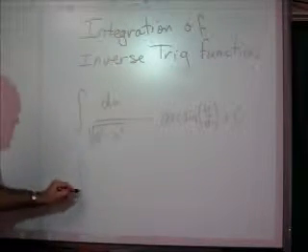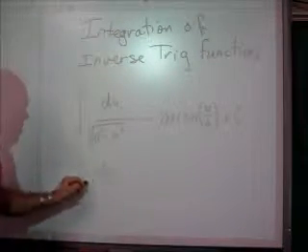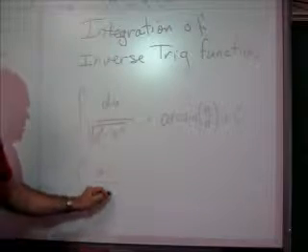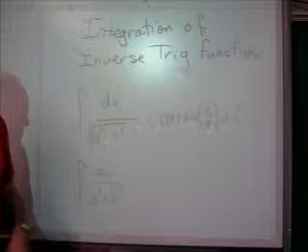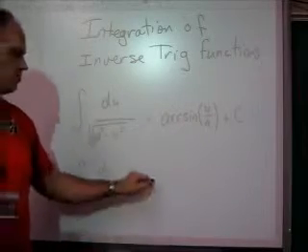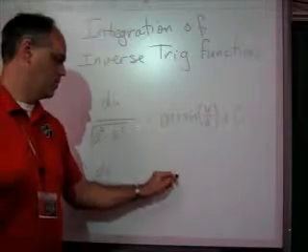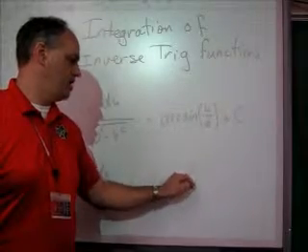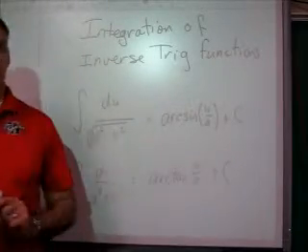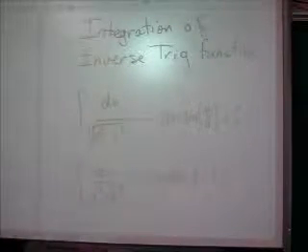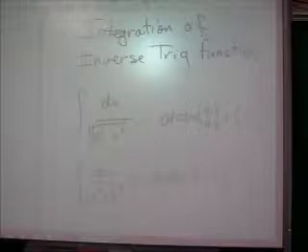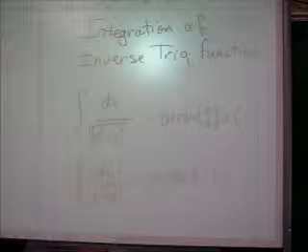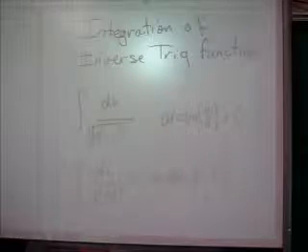The second one that we've got here is the integral of du over a squared plus u squared. And so what is that going to be? Arctangent. Again, it's u over a plus c. Is that correct? It has a 1 over a here?